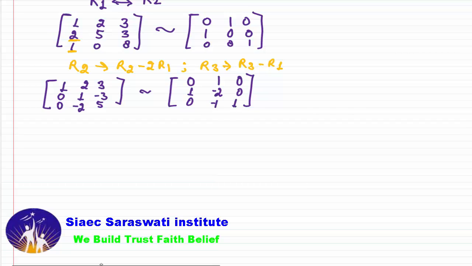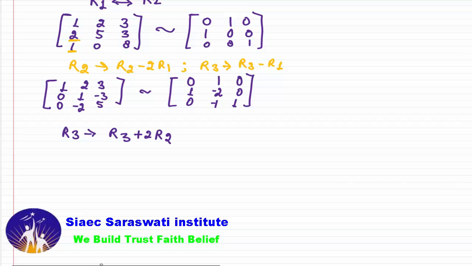Okay, now the next target is that the positional element of second row and second column must be 1, and with the help of this one, the above and below elements must be 0. So what property do we apply? So we apply the next property, that R3 implies R3 plus 2 times of R2.